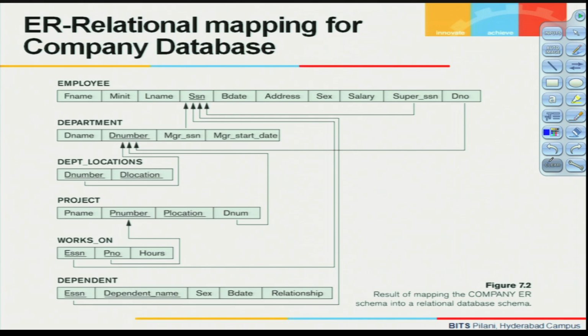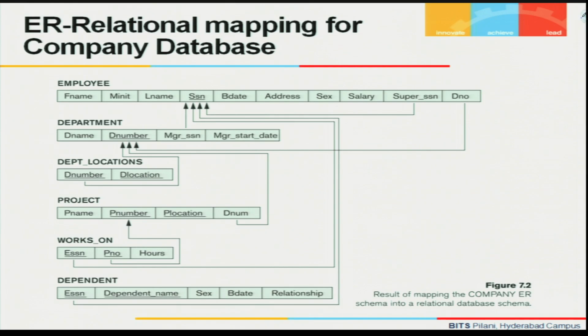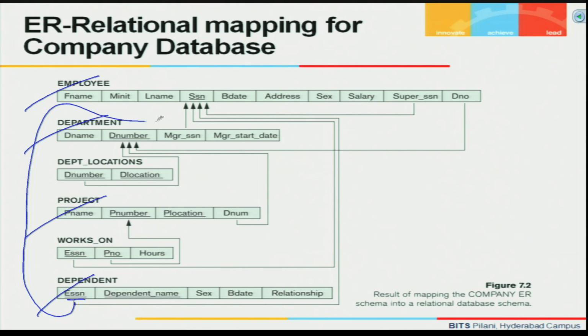A relational database schema is nothing but a collection of relation schemas, or details about the relations that the database contains. If you carefully map, the regular entity employee has been mapped into a separate relation, department is also mapped into a separate relation, project is mapped into a separate relation, and dependent is a weak entity, so it is a separate relation, and of course I have added another attribute called ESSN, which is a foreign key pointing to the primary key of the owner entity type, that is employee.